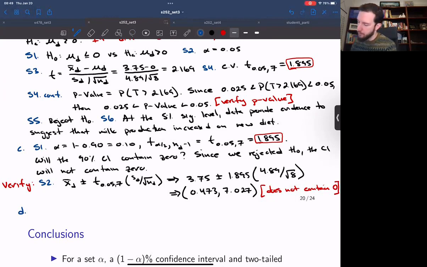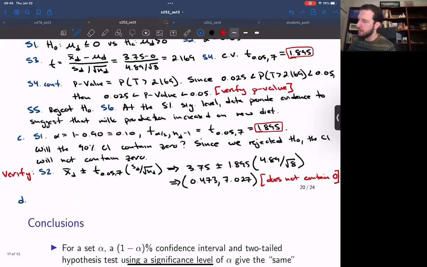All right. Okay, part D asks, what were the assumptions made in B and C? This is just asking us to list the assumptions.